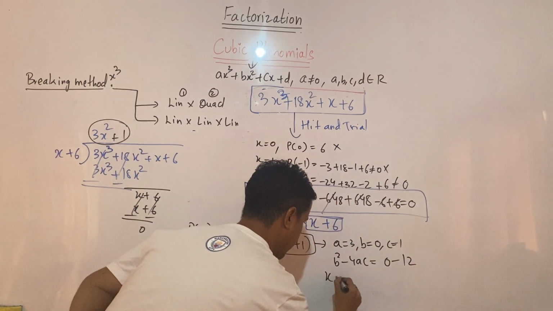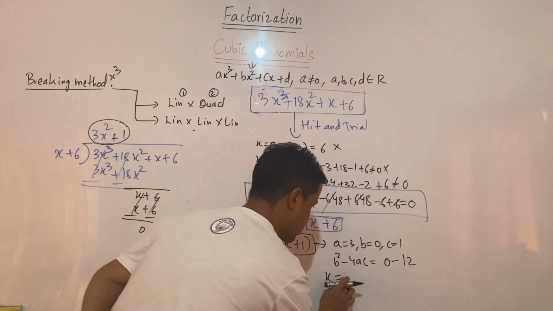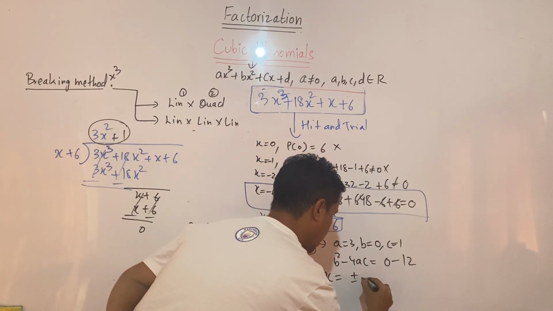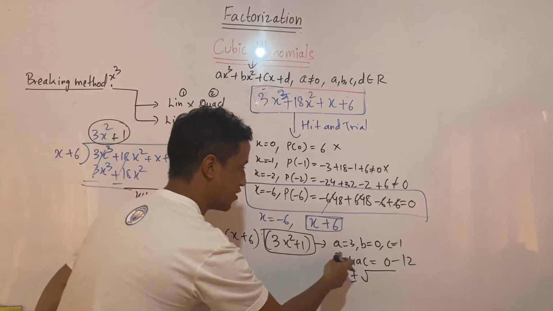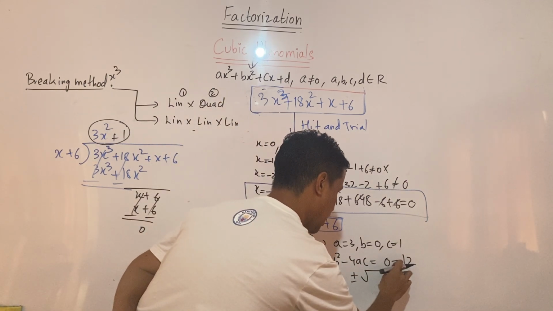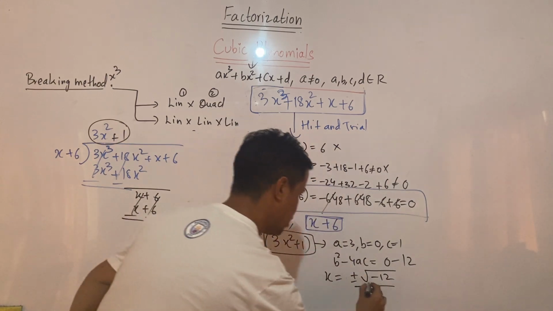So the value of x would be minus b, which is 0, plus minus root of b square minus 4ac, which is minus 12, divided by 2a. 2a is 6.